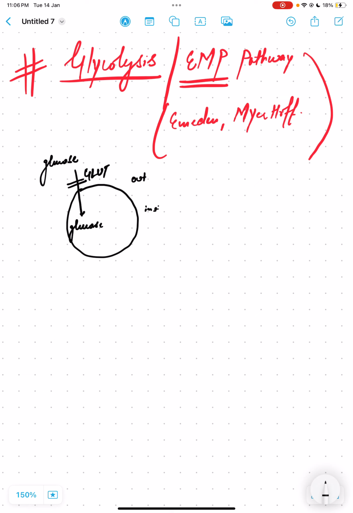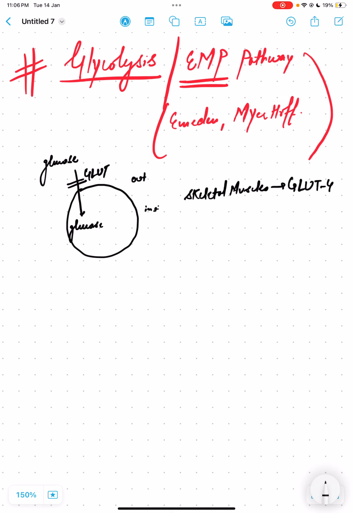So basically different types of GLUT receptors are present. First of all, let me mention, in our skeletal muscles we have GLUT4 receptors.